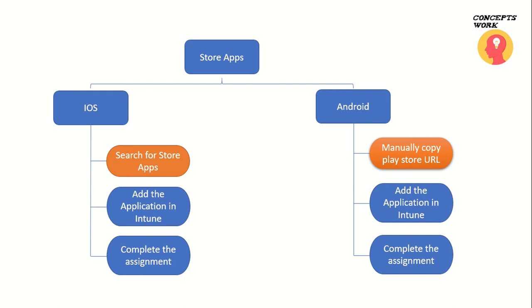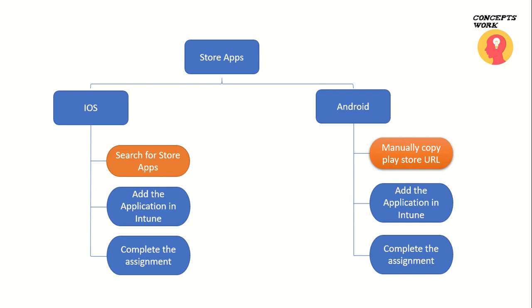But in case of Android, you have to manually go and search the Play Store, copy the address, place it in the configuration, and then that application will be added in the Intune console.